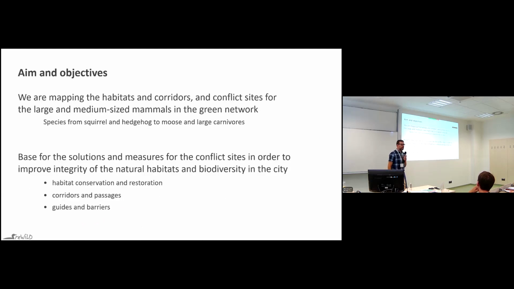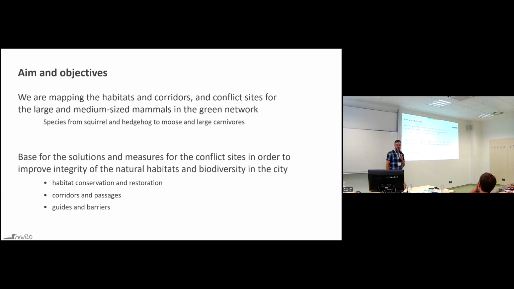We are mapping the habitats and wildlife or habitat corridors in the city, potential conflict sites for large and medium-sized mammals, and if possible, we propose solutions to improve the integrity of the city's ecological network.